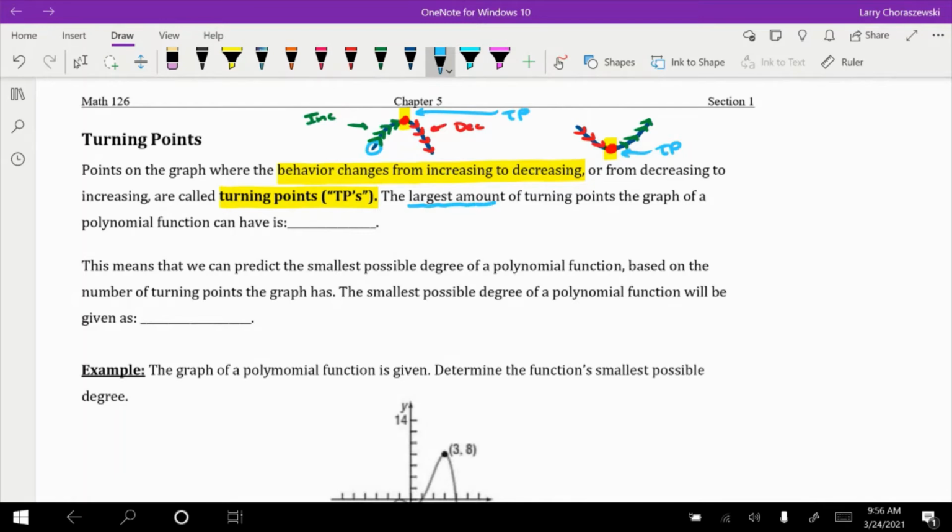The largest amount of turning points that the graph of a polynomial function can have is given by this formula. T equals n minus 1. Okay, T represents the number of turning points, and n would represent the degree of the polynomial function.